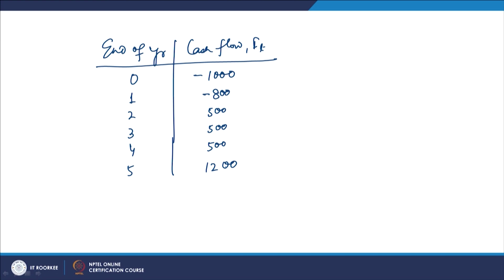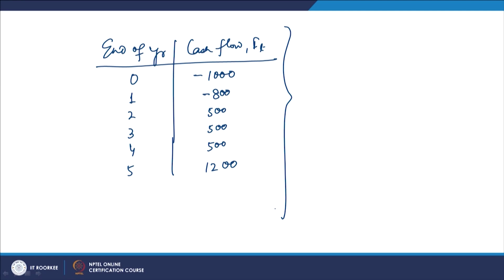Now, for such transactions, if you have to calculate the internal rate of return, then as per the definition you have to calculate the present worth of all the receipts and equate it to the present worth of all the disbursements, or else the net present worth must be equated to 0.